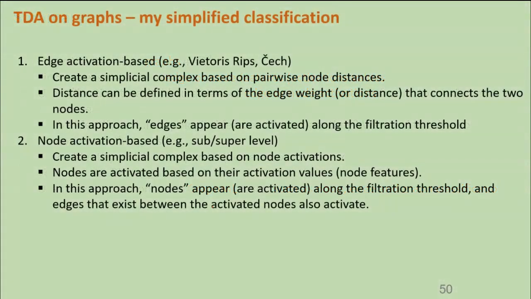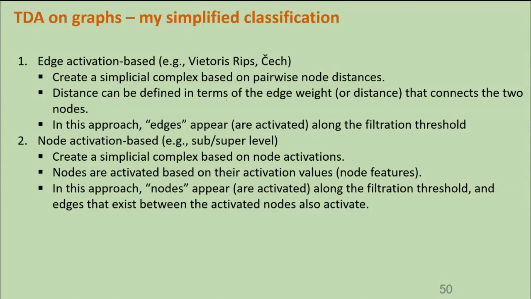So here is my simplified classification about persistent homology. We basically have 2 types of pH on graphs. By pH, I mean persistent homology. The first type is edge activation based. That is very similar to what we covered in the data point setting. We have Vietoris strips, we have Čech. So we create a simplicial complex based on node distances.